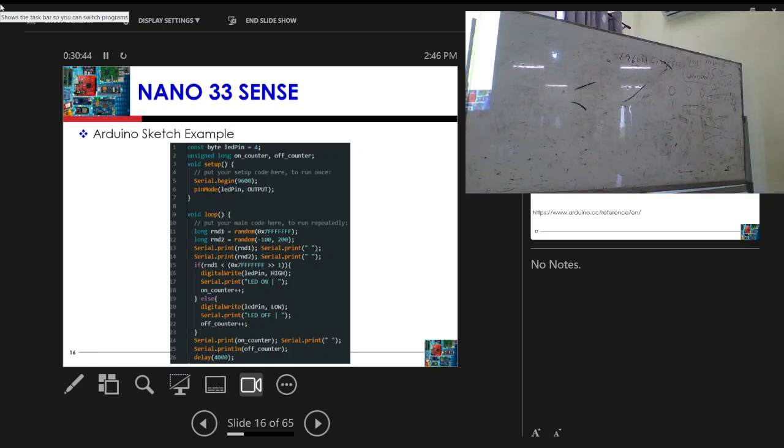I'm talking about what is inside, within the range. So this means what? The random number. Yes.